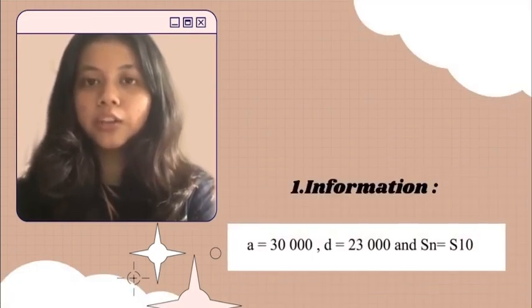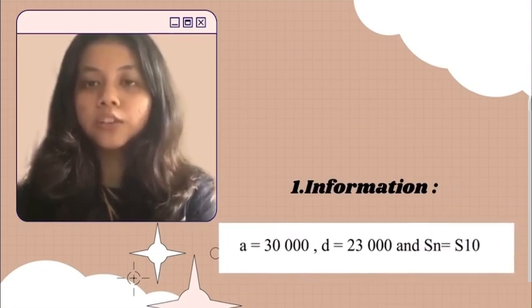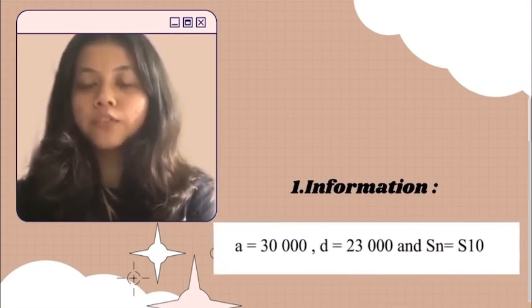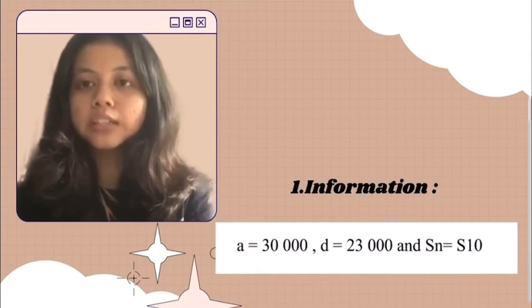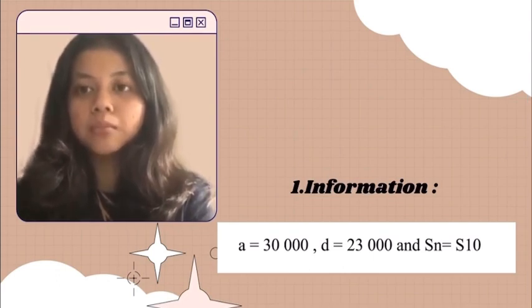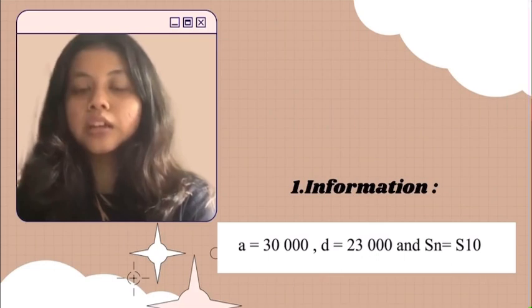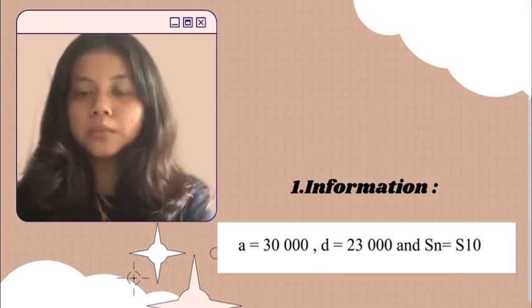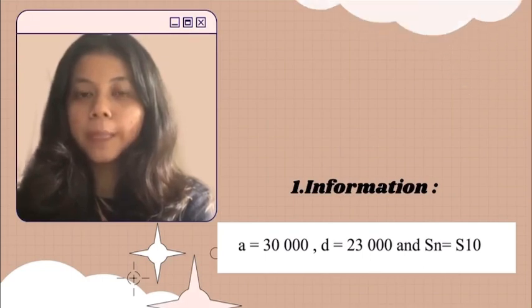The first thing you have to do is write down all the information given. The first piece of information is 30,000 as the first term. The second is 2,300 as the common difference for the next 10 years. The sum of the first n terms, S10, is given by the formula.